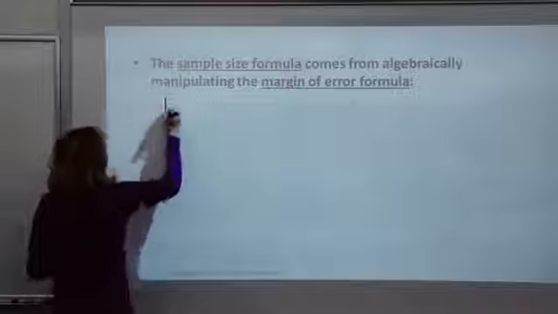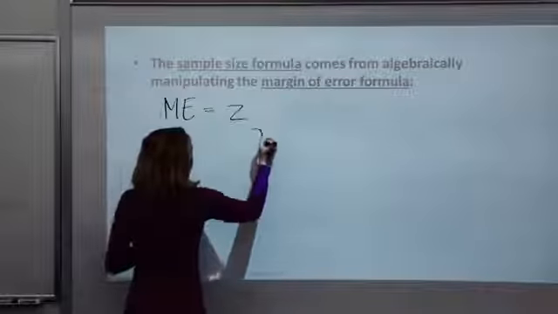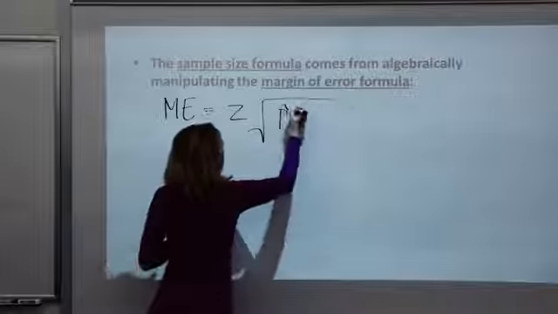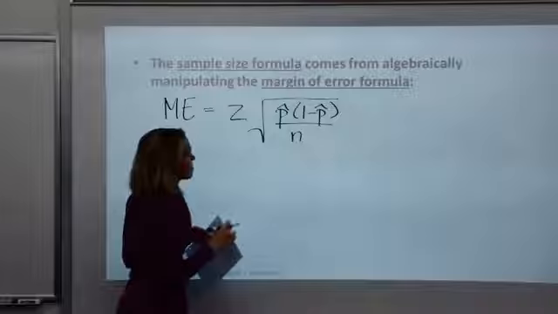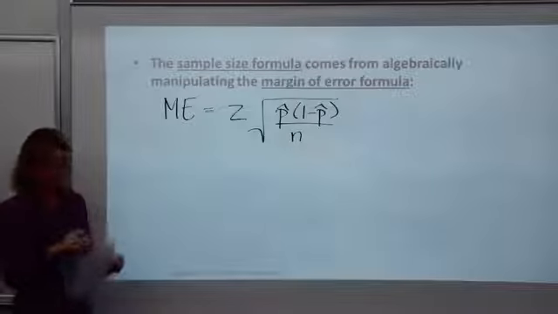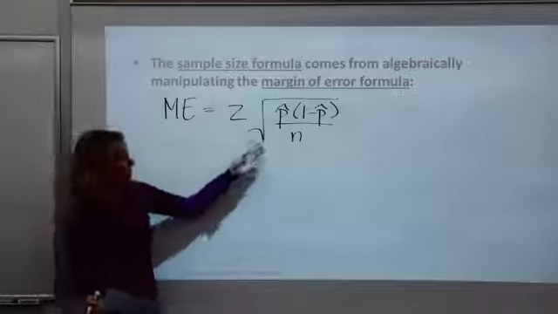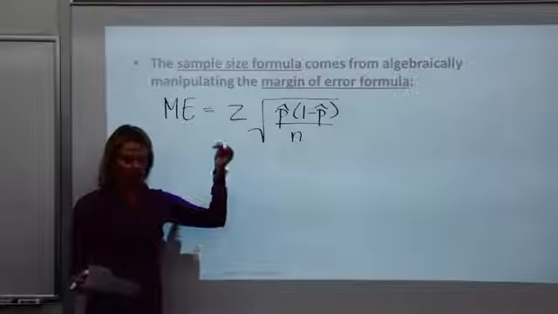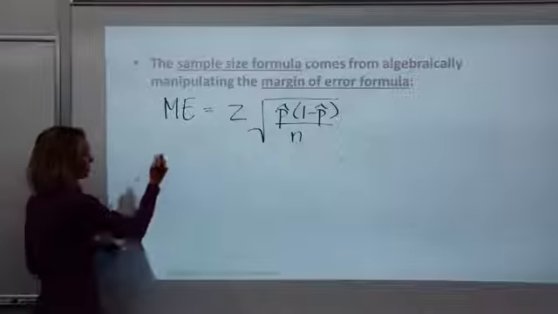So the margin of error formula, you've seen this a lot of times now. We're going to take this equation and solve it for n. The first thing we notice is the equation has a square root in it. We'd like to get rid of that, so I'm going to square both sides.